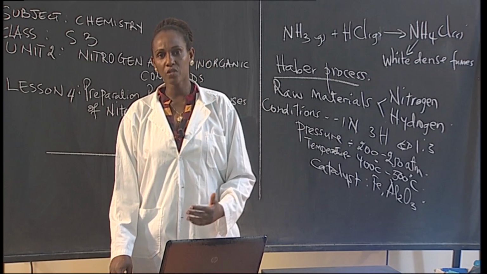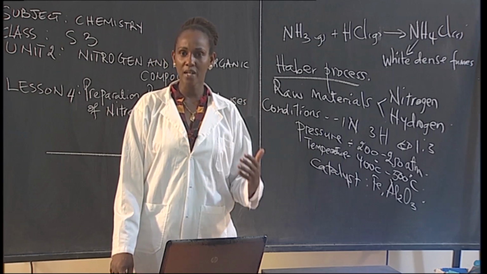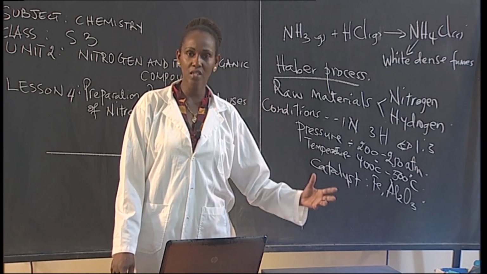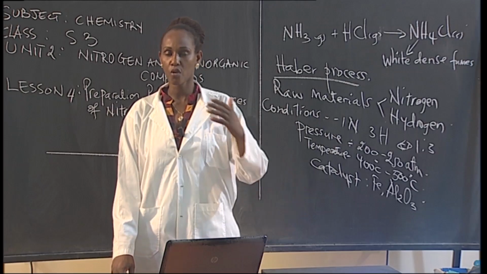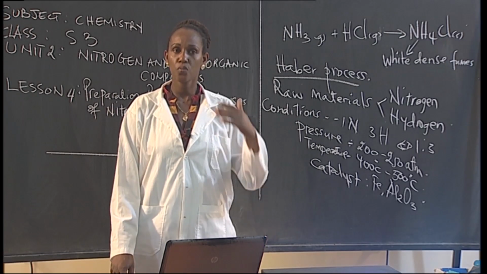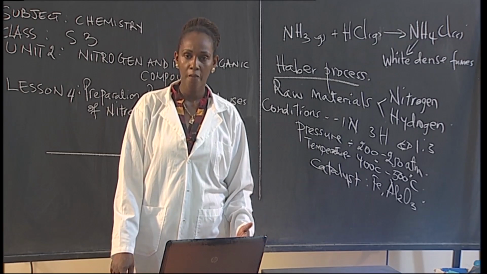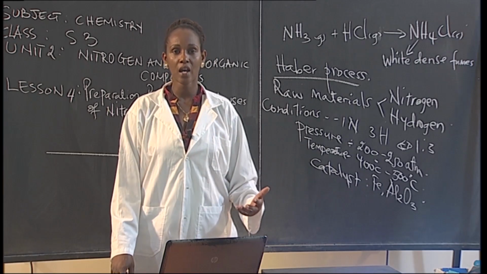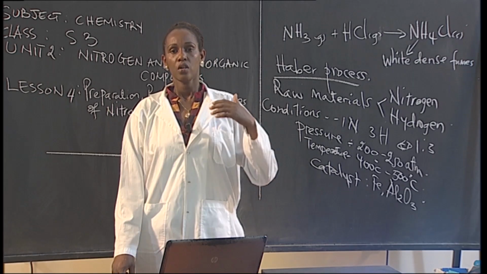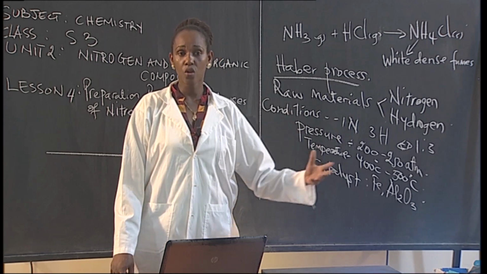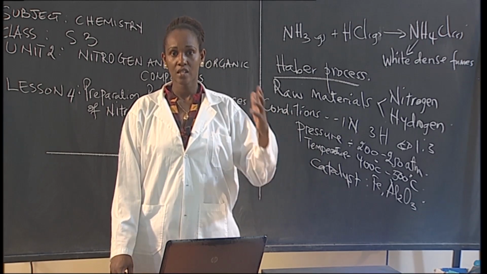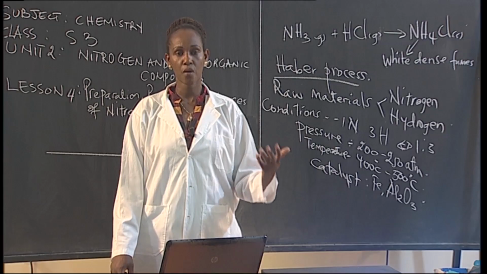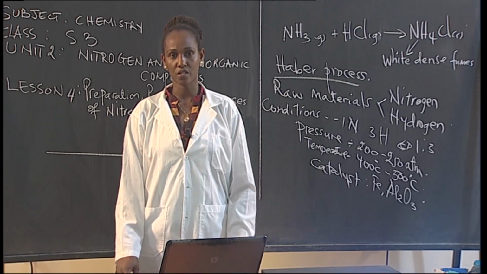You should be able to tell the properties of ammonia, both physical and chemical properties. You should be able to tell the uses of ammonia, and you should be able to describe all those methods that are used in the manufacture of ammonia, Haber process inclusive.